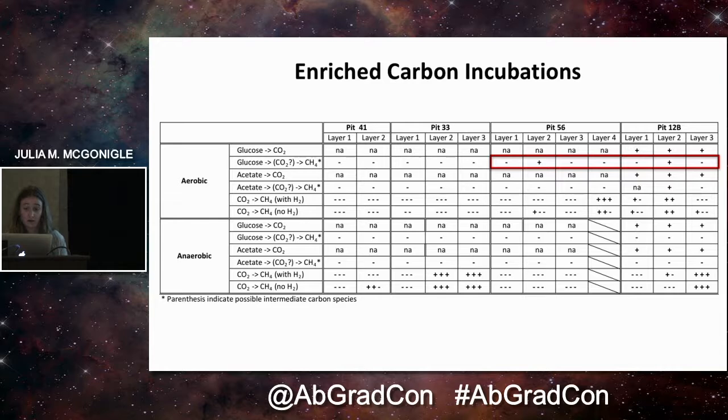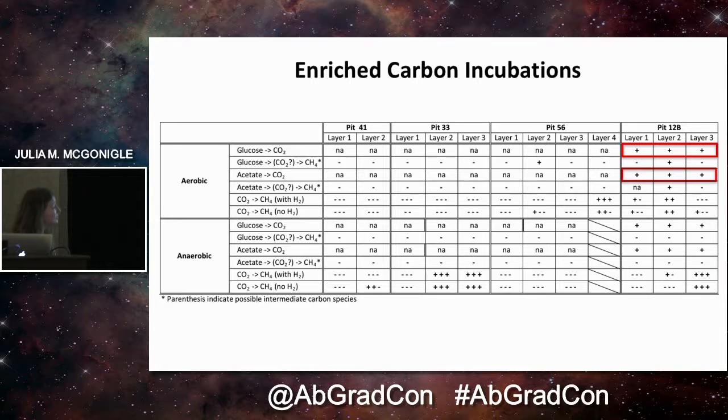We can kind of extend this into pit 12B, where I also saw the same thing. There was methane production from glucose going on under aerobic conditions, but not anaerobic conditions down here. And so this was kind of a strange result. But it also kind of makes sense when you look at the CO2 data.